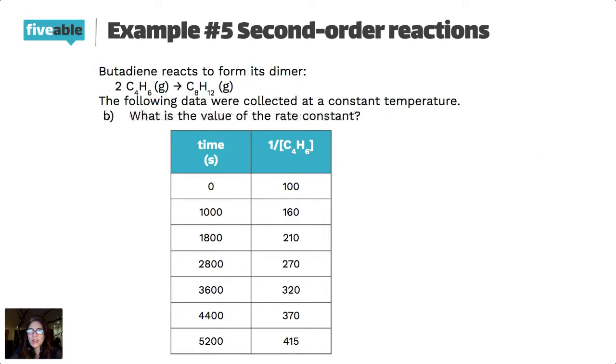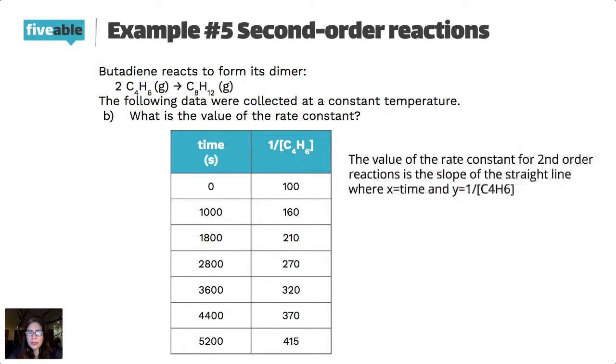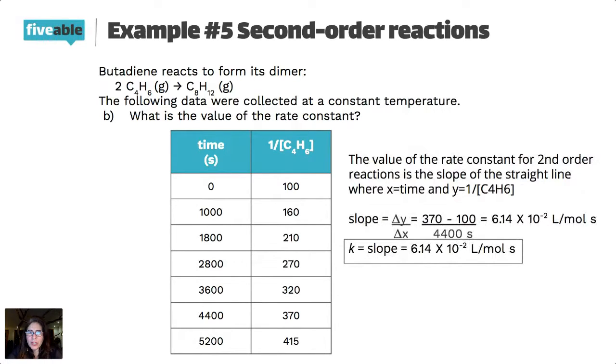Okay, let's move on. So the value of the rate constant, remember, how did you get the value of the rate constant in these problems? Using the graph, what do we have to look for? Exactly, we have to look for the slope, correct? On the graph where you plot the reciprocal of the concentration, again, you can do it directly with your graphing calculator, or you can do the calculations for the slope.